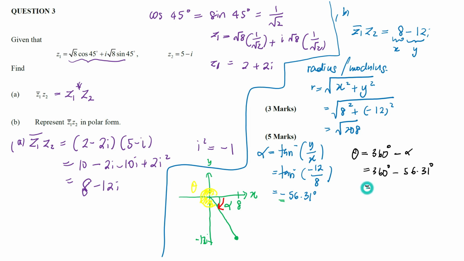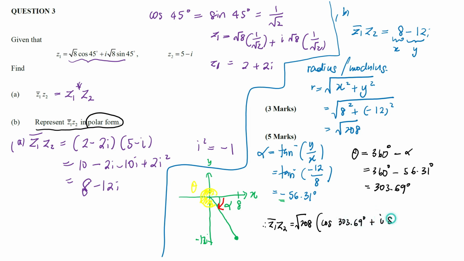So we are getting 303.69. So represent in polar form. So Z1 bar Z2 is equal to square root of 208 cos 303.69 plus i sine 303.69.